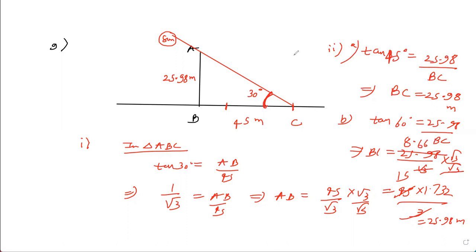So 8.66 into 1.732, we all need to check. So 8.66 into 1.732, it'll be something near to 14.99, which can be approximately taken as 15 meters. So that will be the answer of the last part.